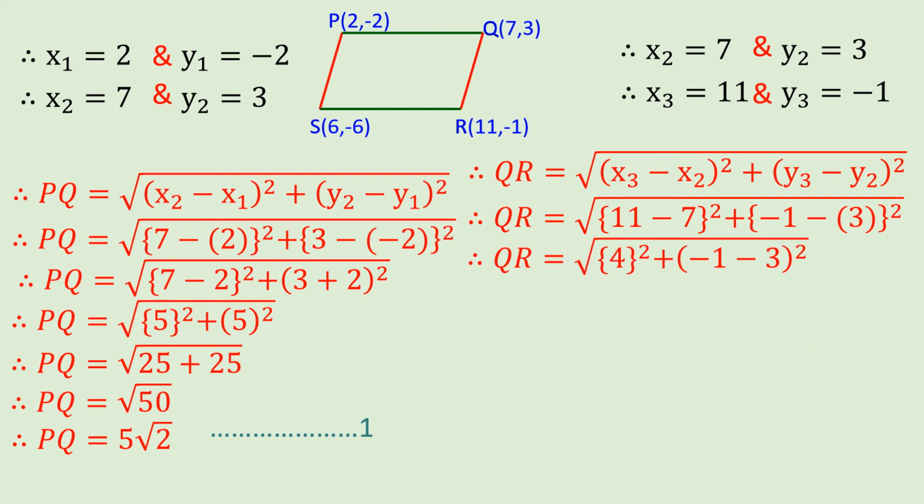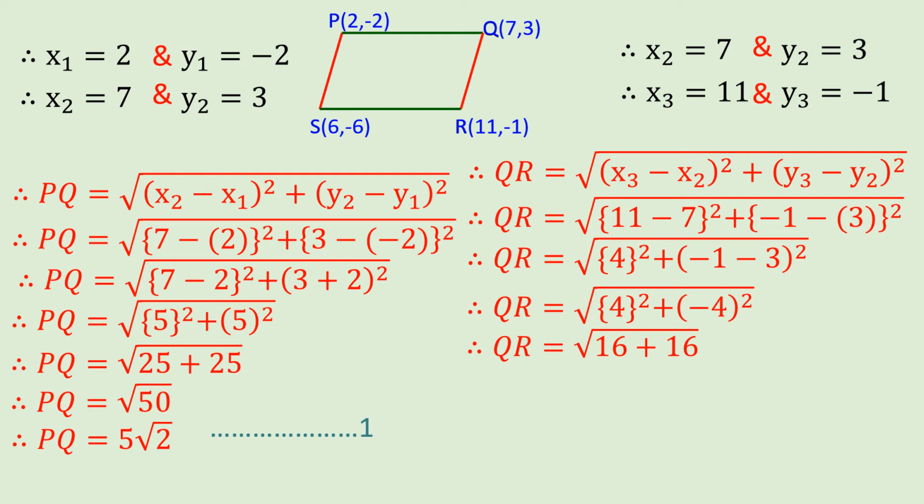Further simplifying, 11 minus 7 is 4, and minus 1 minus 3 is minus 4. So you will get whole square. Further simplifying, 16 plus 16, which is nothing but QR equals root 32. Hence QR will become 4 root 2 in mixed form. We are taking it as the second one.